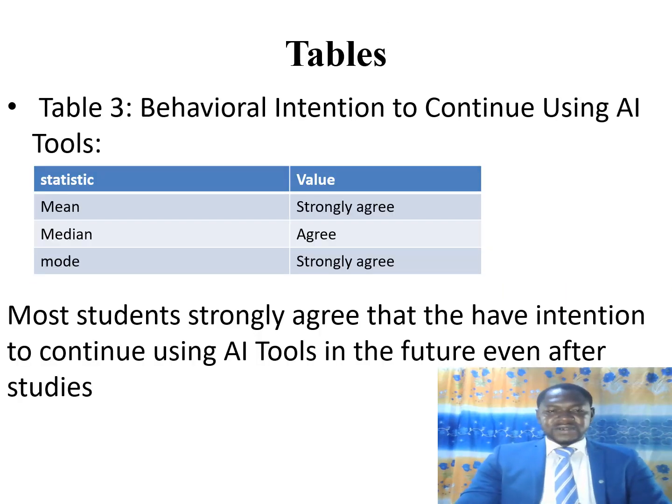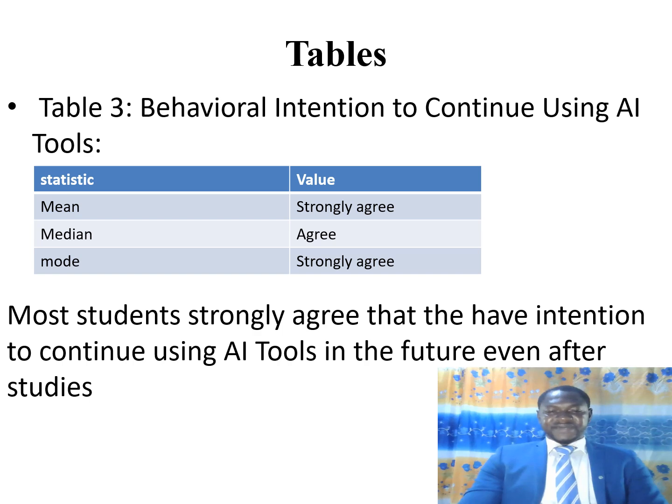The next table, or the third table, shows behavioral intention to continue using AI tools, specifically ChatGPT. From the statistical tool I used, it shows that the mode, that's the most frequent response, was strongly agree. Most students strongly agree that they will continue to use ChatGPT.